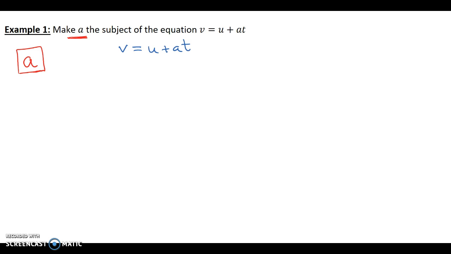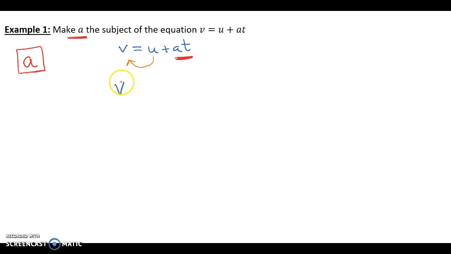Okay, so we want the piece that has the a in it to be on its own on one side of the equation, which means we need to move the u. If we can move the u across, then the bit that contains the a will be the only thing that's left on the right hand side of the equal sign, which is good for us. We want to get the a on its own eventually, and this is how we go about it.